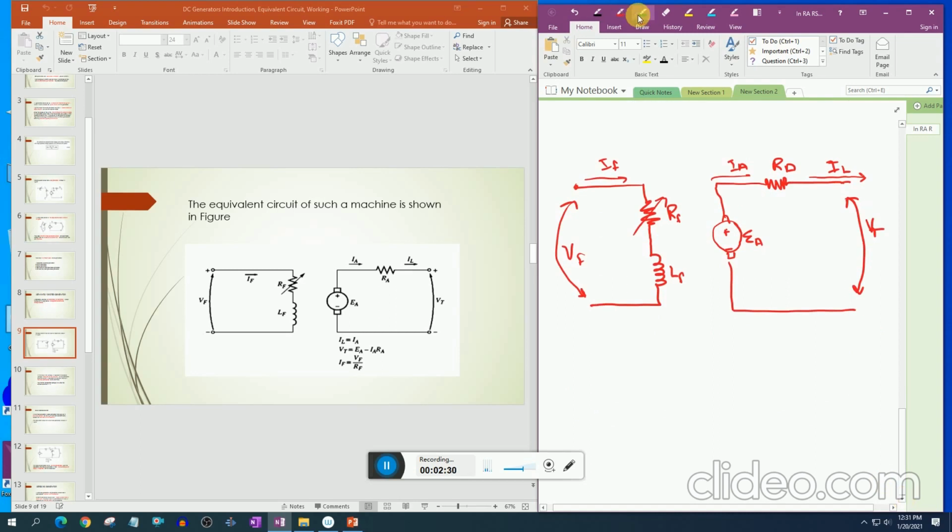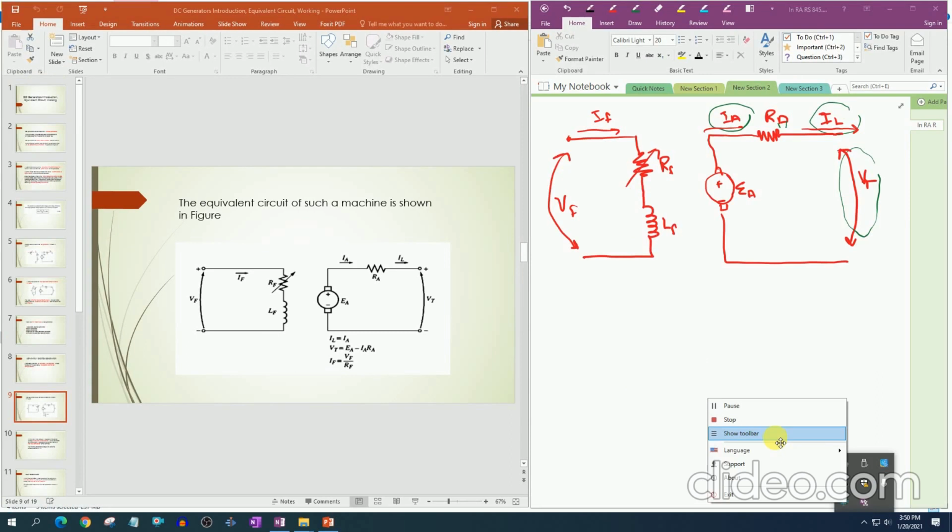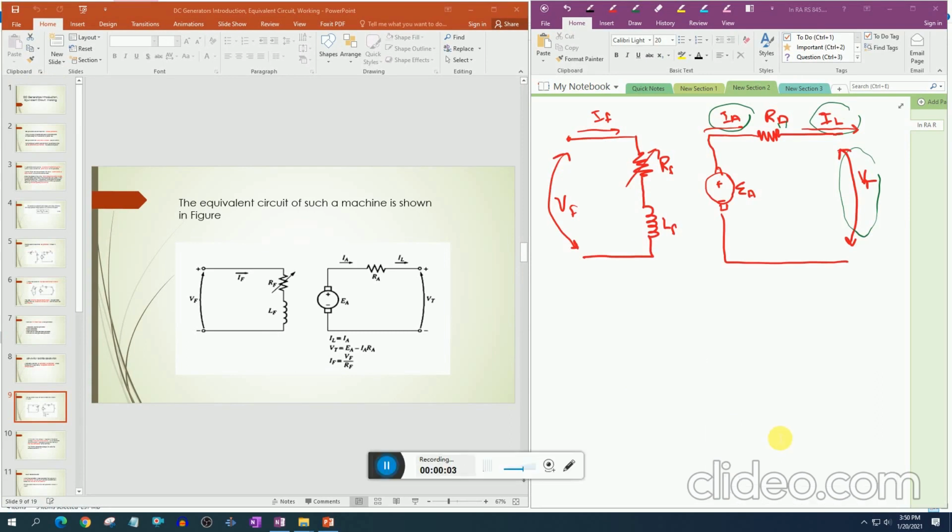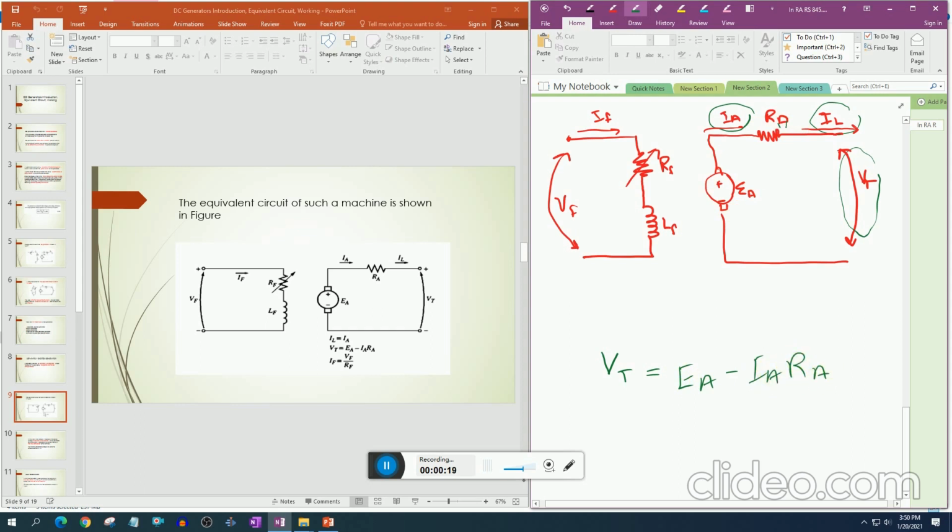From this equivalent circuit you can see that IL is equal to IA, and V terminal is equal to EA minus IA RA, where EA is the generated voltage. And IF is equal to VF divided by RF.